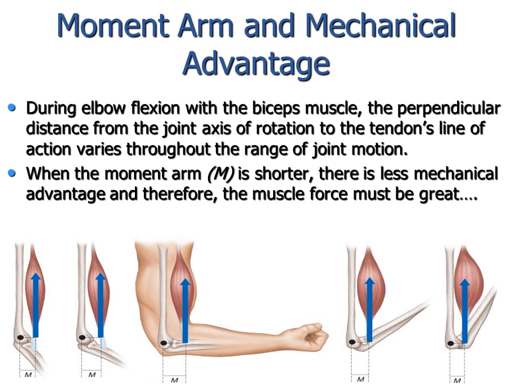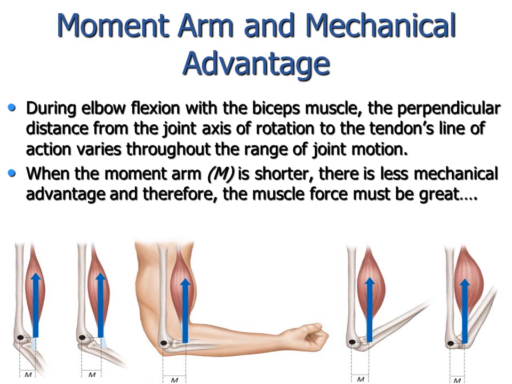So when we're considering the biceps muscle, and for those of you that have the PowerPoint presentation, when we're looking at elbow flexion with the bicep muscle, the perpendicular distance from the joint axis of rotation to the tendon's line of action varies throughout the range of motion, but it's generally the greatest when the forearm is parallel to the floor. In other words, when the forearm is at maximum horizontality.